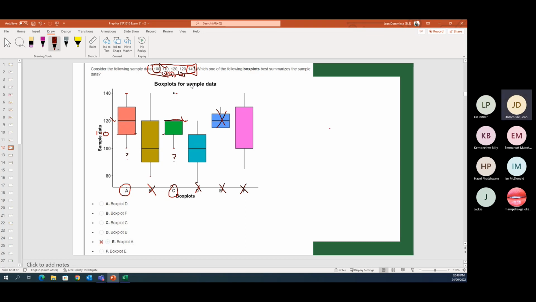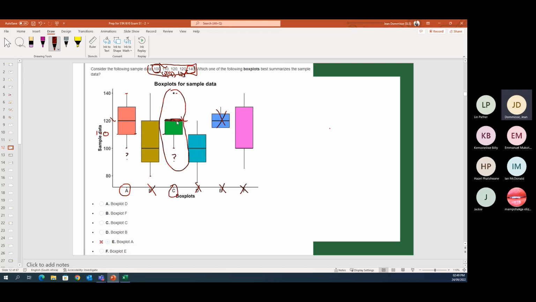Okay, so your Q3, is it 120 or is it between those two? Your Q3 is 120. So that's why this one, even though it seems so different, look at that gap between those two.